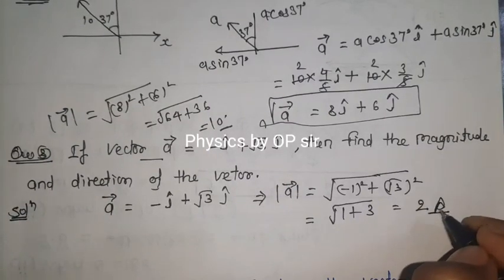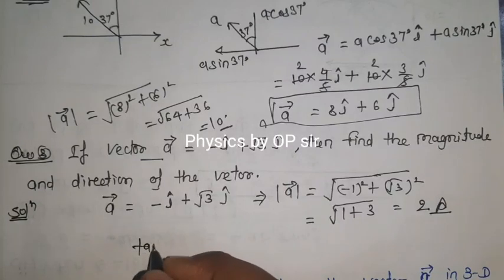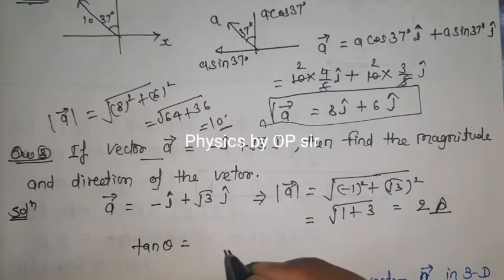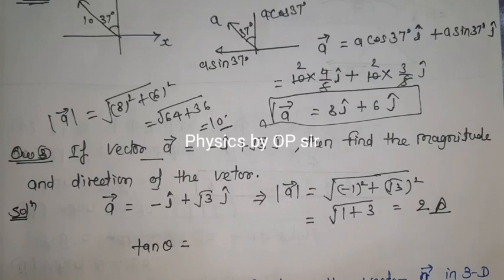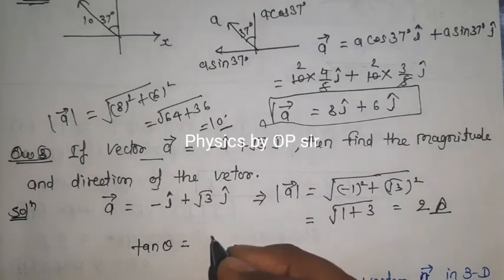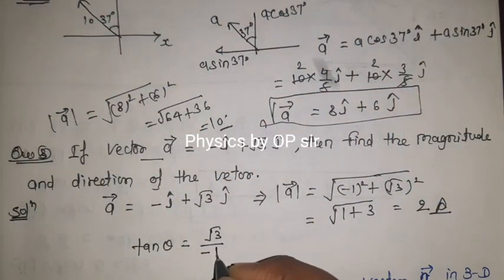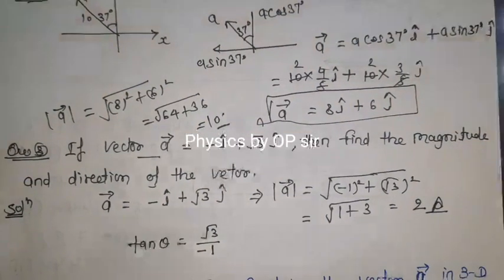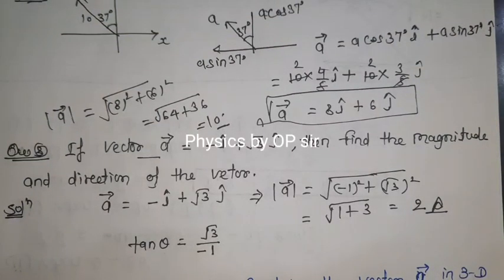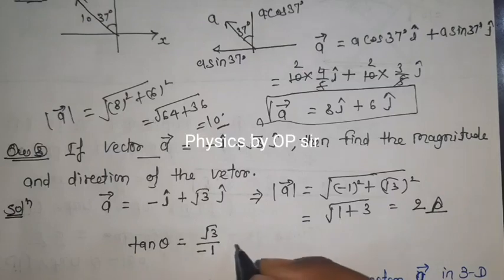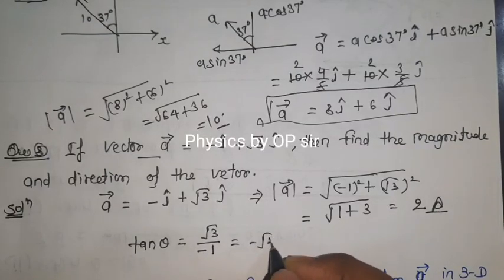It is the magnitude. And direction: we know tan theta is Vy upon Vx. Vy upon Vx, what is given to you? Root 3 upon minus 1. So root 3 upon minus 1 comes to minus root 3.